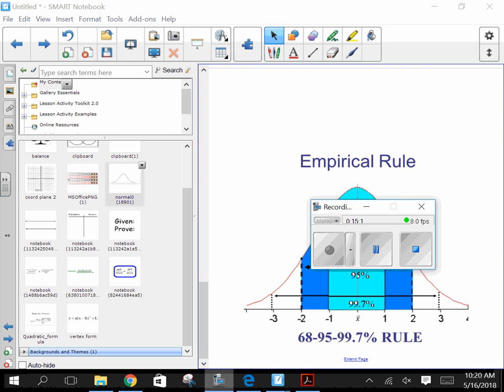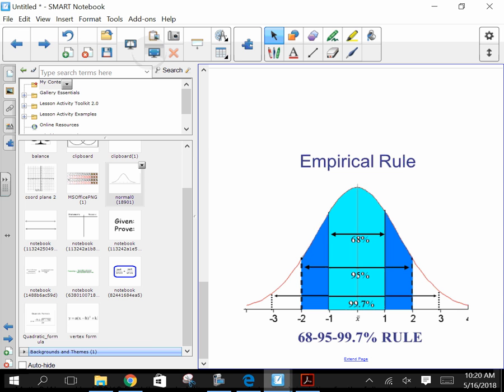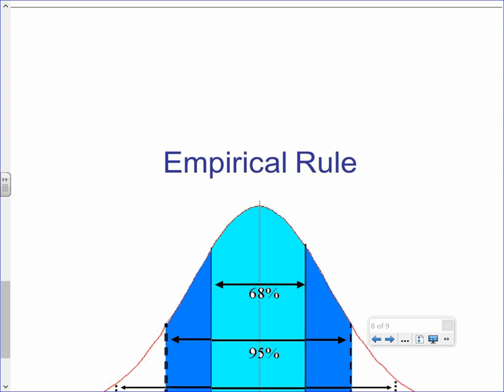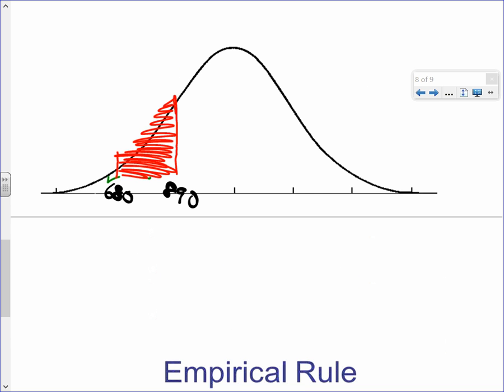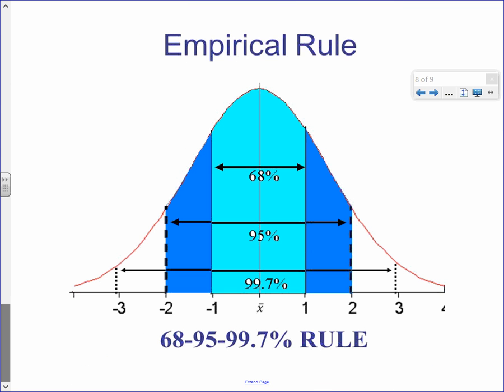The empirical rule and the 68, 95, 99.7 rule mean the same thing. So we're really looking for this part. If I look, it's between the second and first below. So we're looking for this sliver right here.